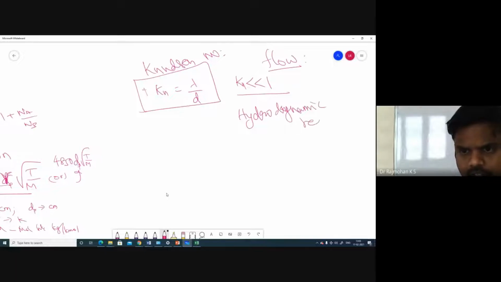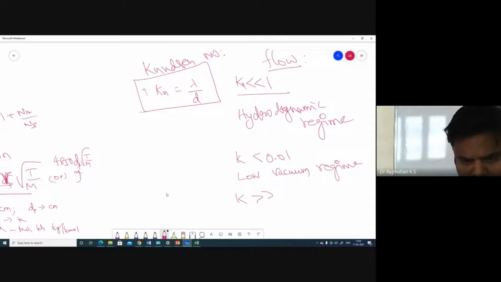Okay, when K is less than 0.01, we can call it the low vacuum regime. When K is very much greater than 1, we call it the Knudsen regime.